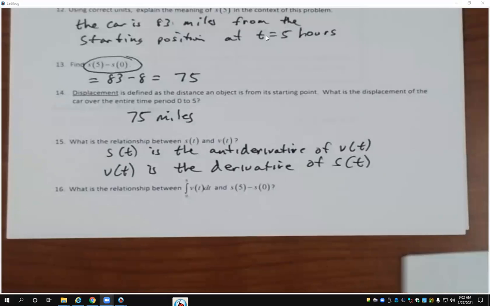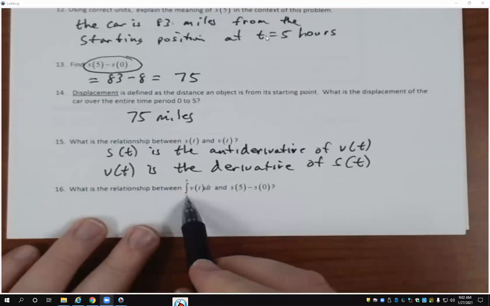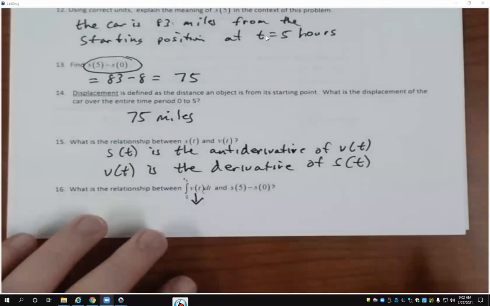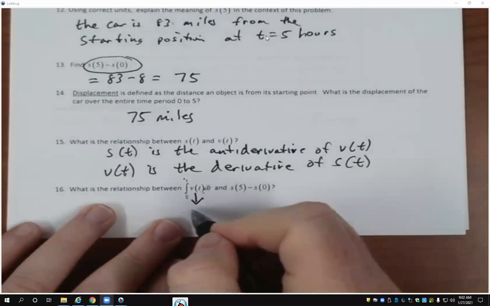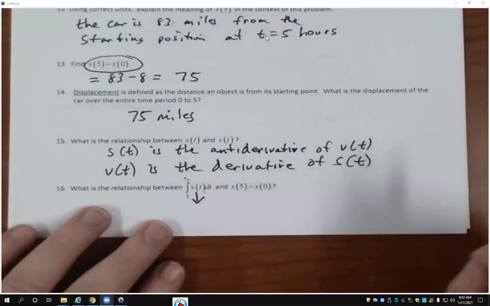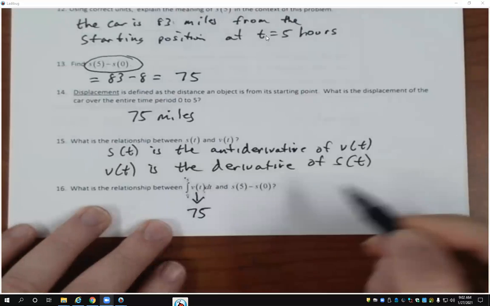All right, as you're finished writing that up, go back to the other side and look at question number 6. We found the integral from 0 to 5 of v dt. What did we get for that? 75. 75, okay?